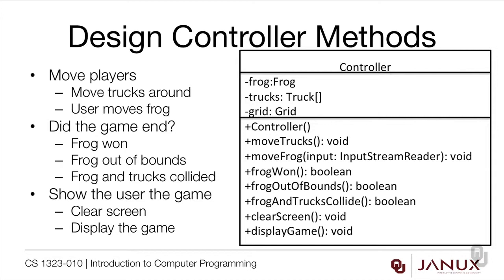Now here is a design in UML that covers the design of the controller class. We have the data that we talked about last time, the frogs, the trucks, the grid. Then we have our constructor. Now move trucks looks like what you expected, I'd guess, but move frog probably doesn't. We've never seen an input stream reader before.